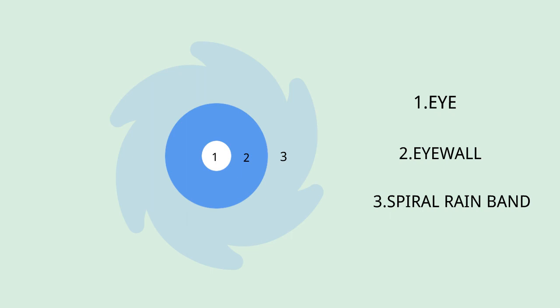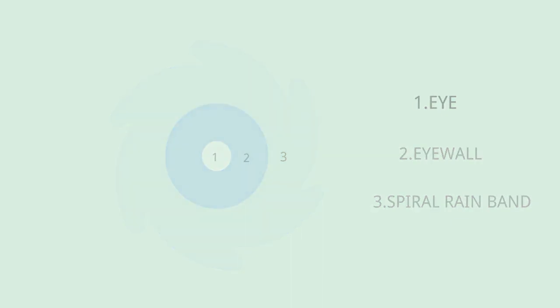The eyeball is a dense cloud surrounding the eye having maximum wind speed, and it causes maximum destruction. And spiral rain bands are the bands of clouds spiraling into the eyeball, and they contain heavy rains.